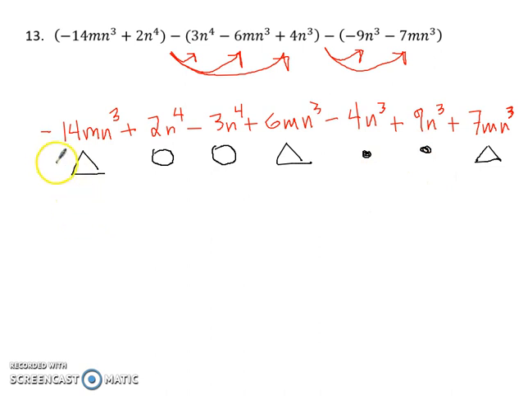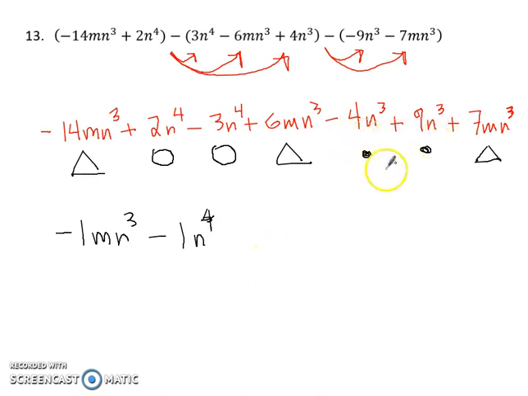So let's go ahead and combine here, starting with the terms that have mn to the third. Minus 14 plus 6 gives us a negative 8, and minus 8 plus 7 gives us a minus 1mn to the third. 2n to the fourth minus 3n to the fourth gives us a minus 1n to the fourth.